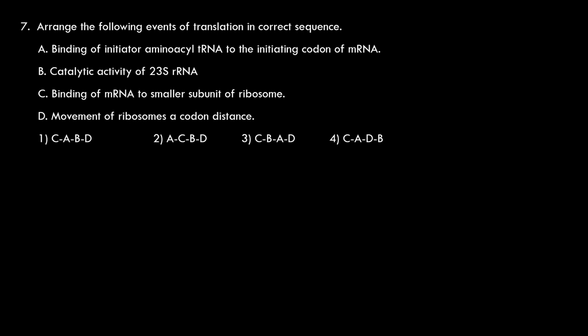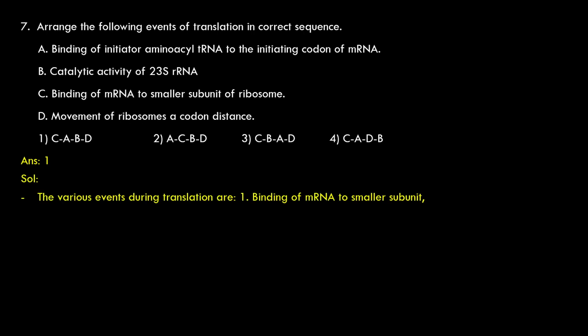Next event is binding of initiator amino acid transfer RNA to the initiating codon of messenger RNA. So C first, A next. After that, catalytic activity of 23S ribosomal RNA in chain elongation, B. So C, A, B, and last one is D: movement of ribosome a codon distance towards the 3' end of messenger RNA. First option must be the correct one. Let us see the answer.